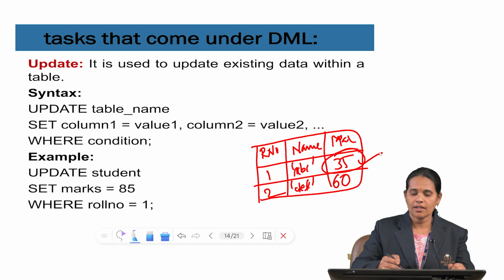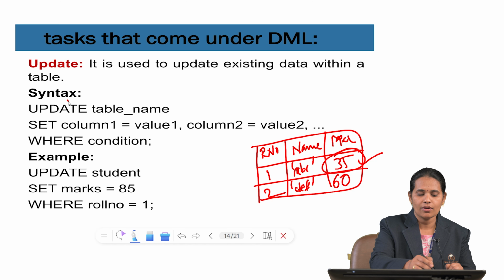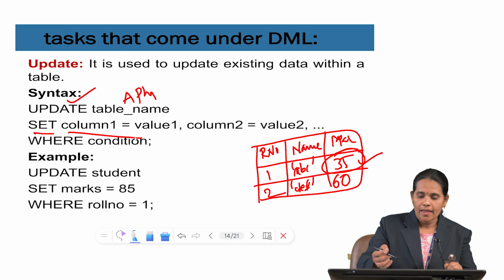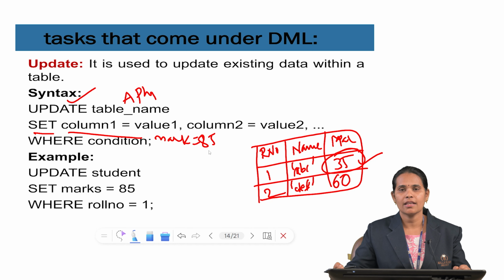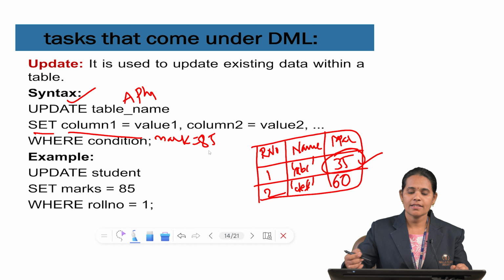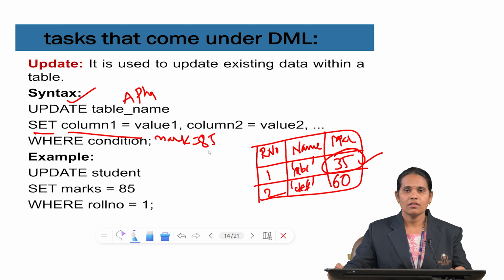The syntax for this is update. Here we need to write update and mention the table name alpha, then set column name. Here the column name is marks, marks is equal to 85. If it is a number, no need to mention it in single quotes. If it is a name, we need to mention it in single quotes.